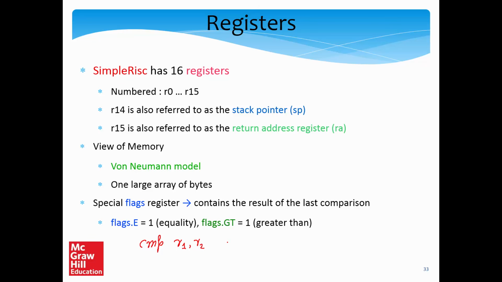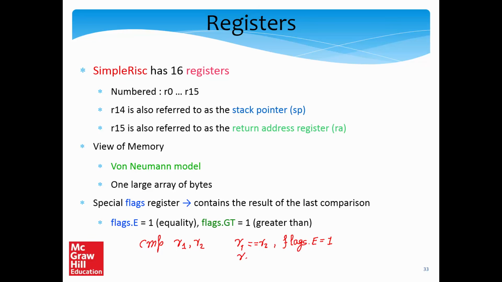If the contents are equal, what the hardware would do is that it would set the E bit inside the flags register. So if R1 is equal to, let me put a C style equal to, R2, then the hardware sets flags.e equal to 1.